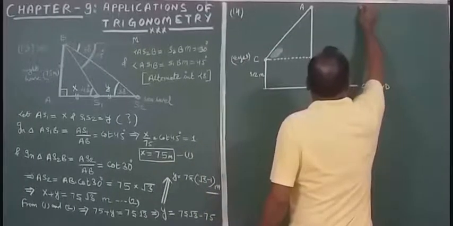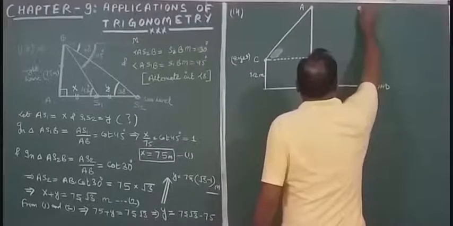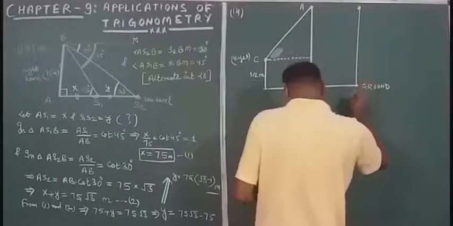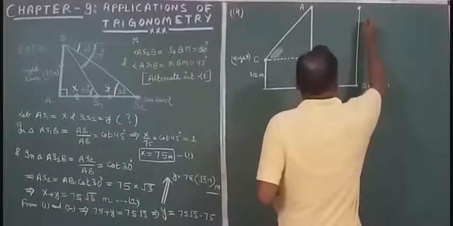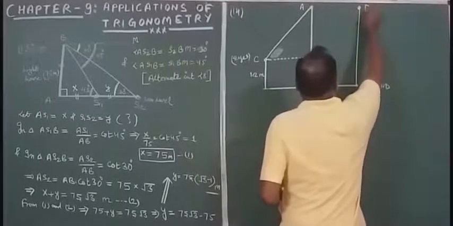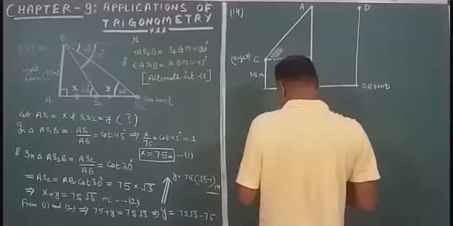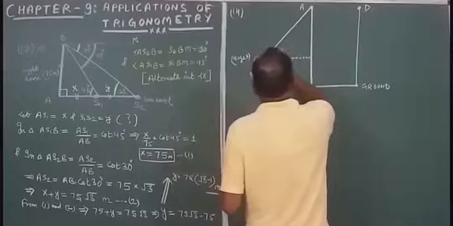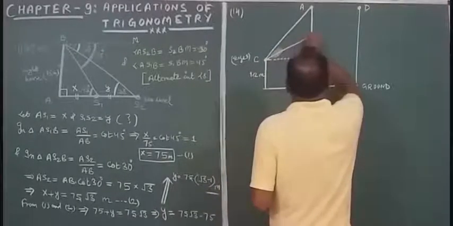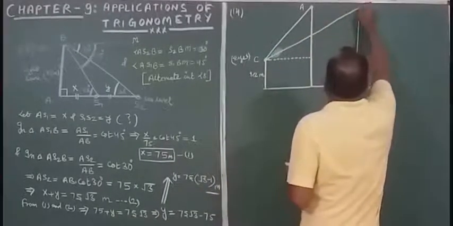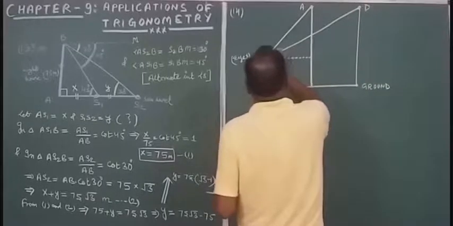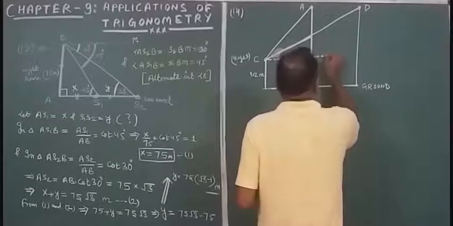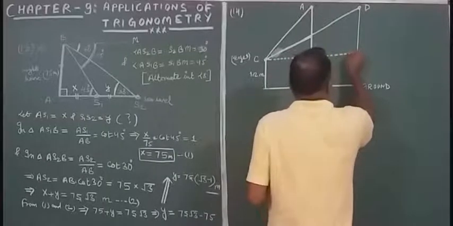तो लेट दिस इज पॉइंट D. This is point D. Is it okay? And then this angle reduces to 30 degree.